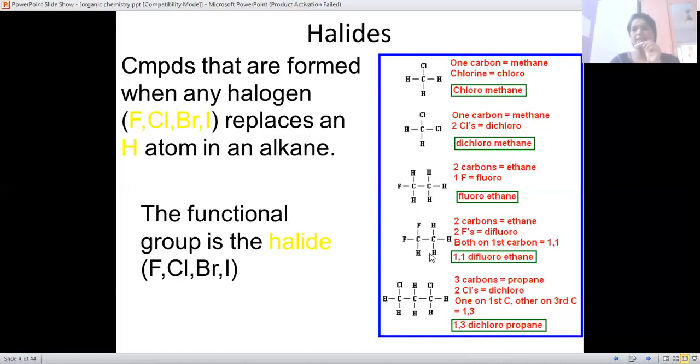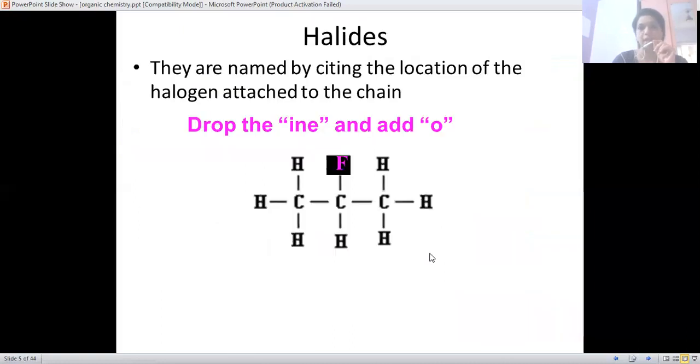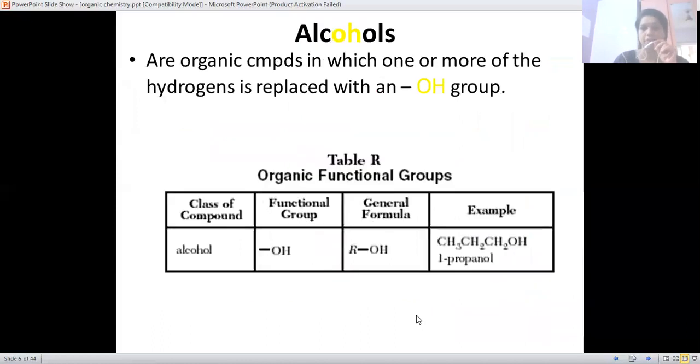So it is as simple as that, the writing and identification of the structure, and on the basis of the name you can draw the structure. So halides are simple. We will see the next compound. It is 2-fluoropropane. At the second position, fluoro is attached. This is all a single bonded structure.